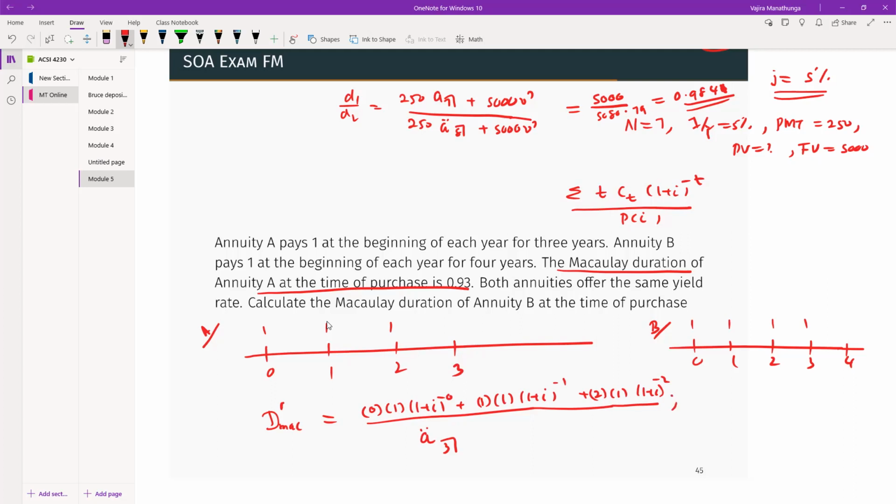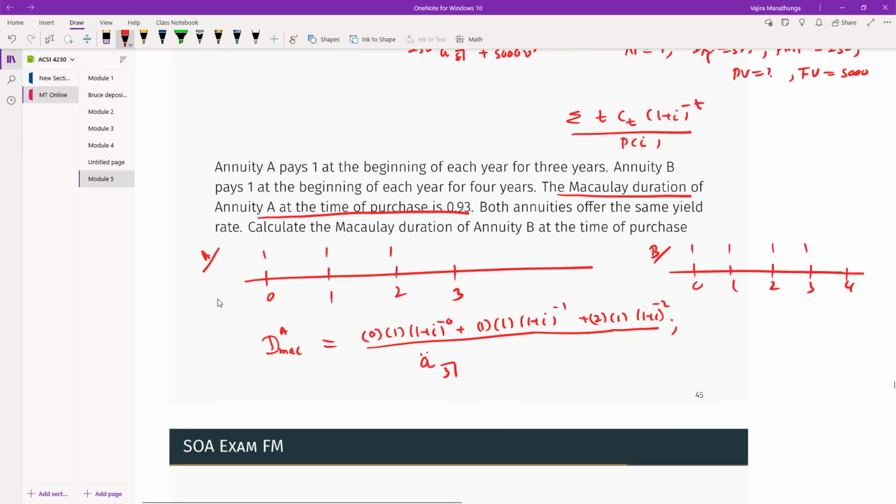This is for A, and then for B it's going to be the same approach, but there's going to be an extra term because it has more payments.